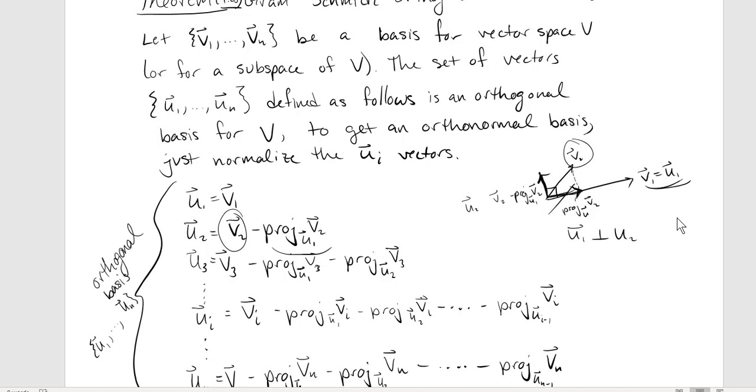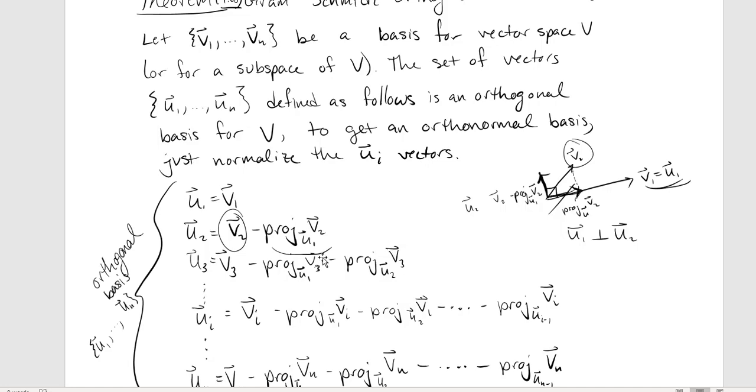So far, we have enforced that U1 and U2 are perpendicular, yet the two vectors, U1 and U2, span the same space as V1 and V2. If you think about this situation embedded in 3D, the plane spanned by V1 and V2 is the same as the plane spanned by U1 and U2. So we haven't lost any generality, we're just figuring out these perpendicular directions in this same plane defined by V1 and V2.